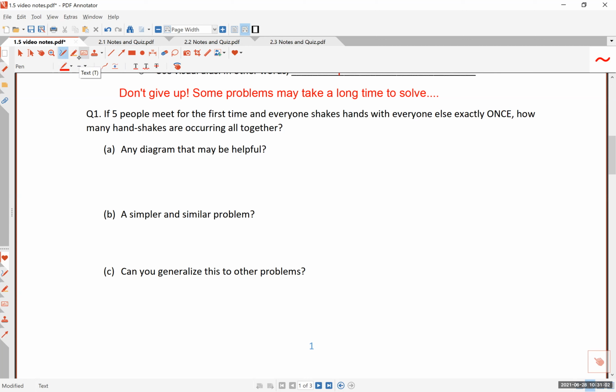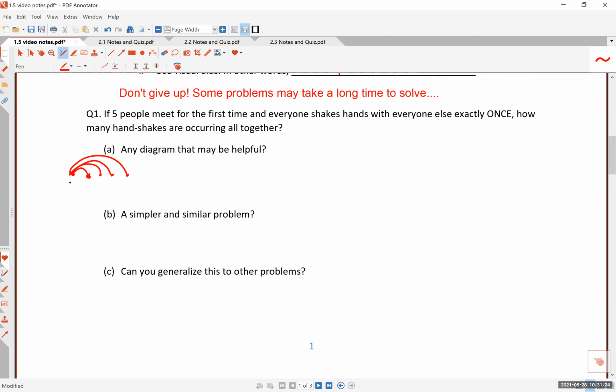Well, let's say you have 5 people, so maybe you can have 1, 2, 3, 4, 5. You can draw 5 points. I say, all right, these people shake hands, these people shake hands. That's 4 handshakes for the first person, right? And then this person shakes, but he or she has already shaken hands with number 1.